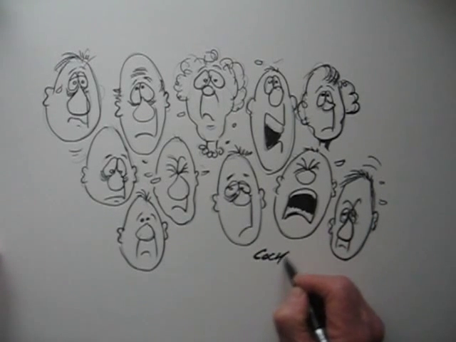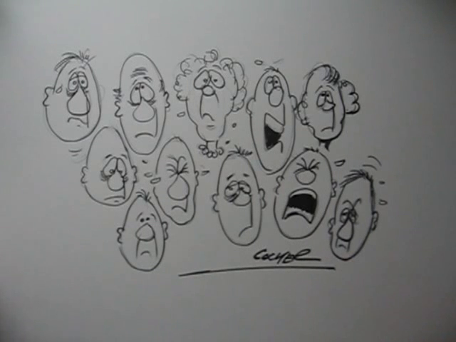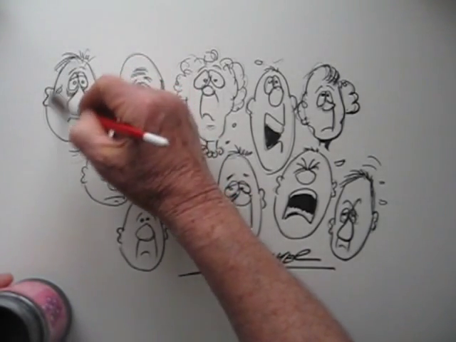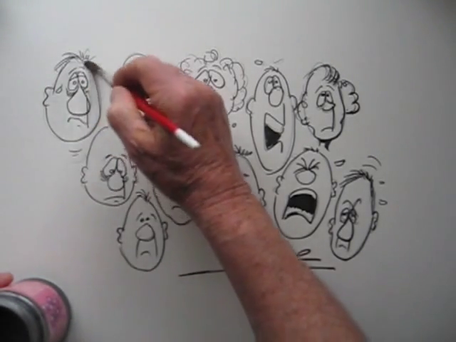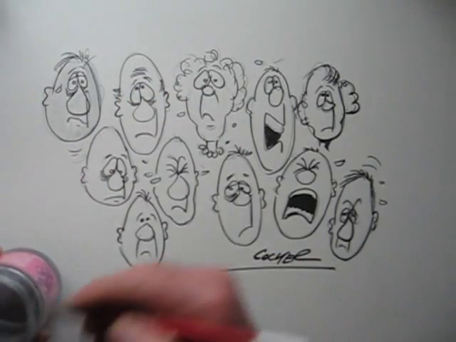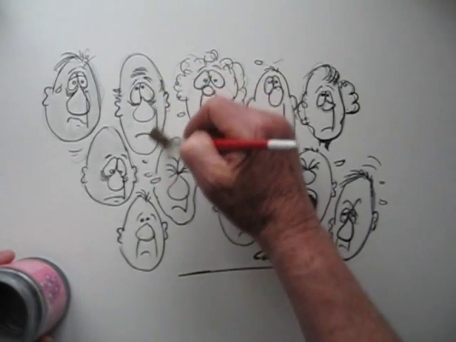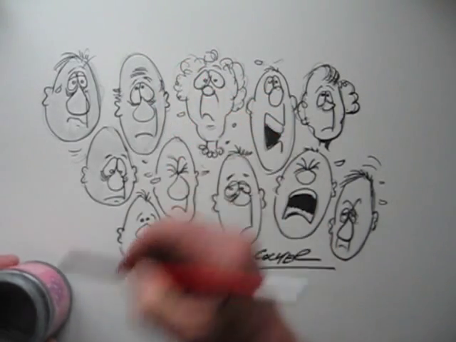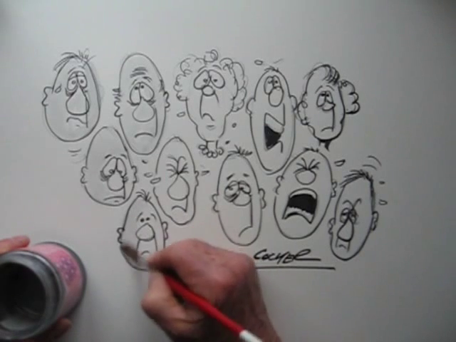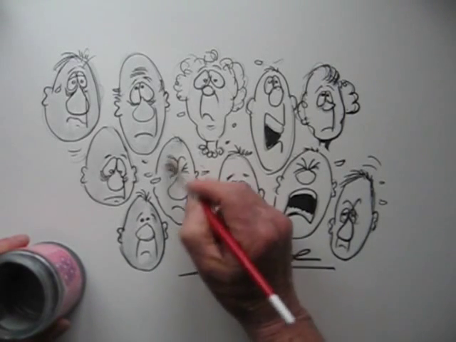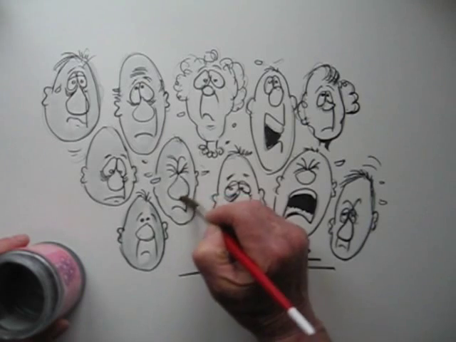Sign my name. And what I'll do now is we'll add a bit of colour to it. So first of all, what I'll do is just dampen the page with water. This allows the colour to run better when I put it on. So as you see, I'm just giving each face a little dab of water to soak the card that I'm drawing on.